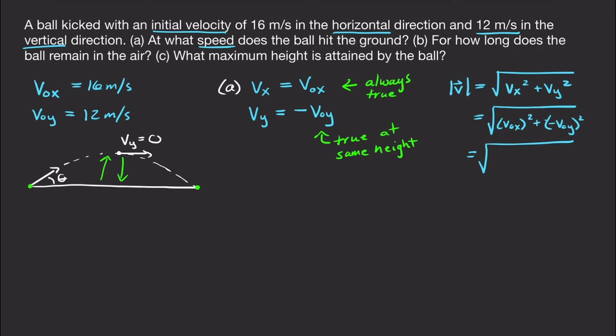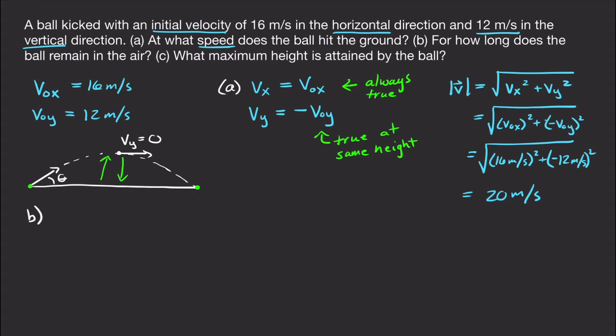So I can plug in 16 meters per second for x and minus 12 meters per second for y. And I find my magnitude is 20 meters per second when it hits the ground. Okay, so that's part A.